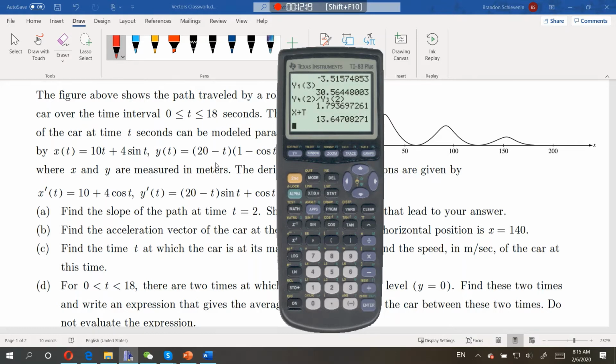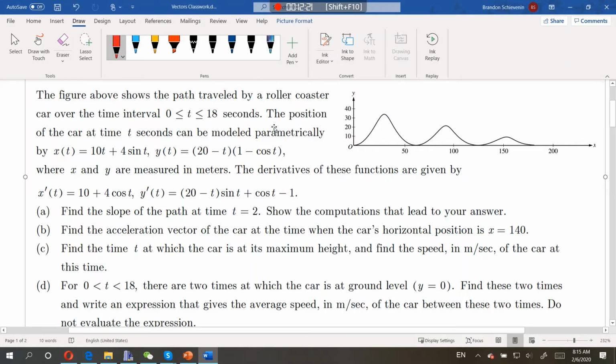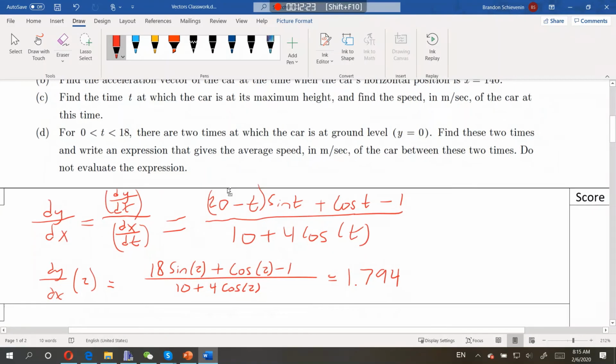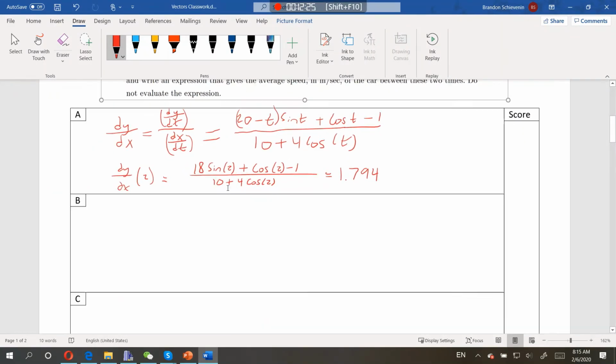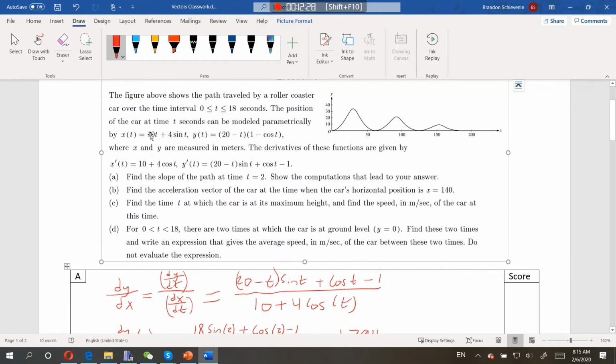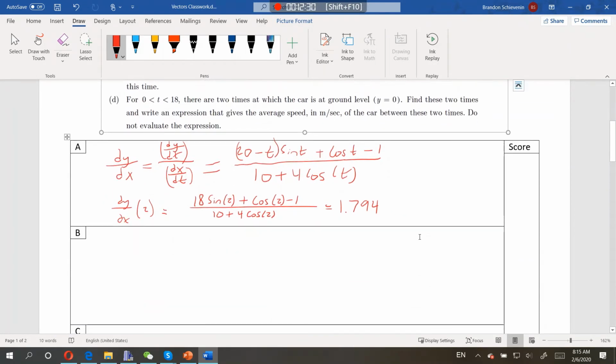Then I need to write what we just did. So zoom out a bit. X is 10t plus 4 sine t. So we said that equals 140.